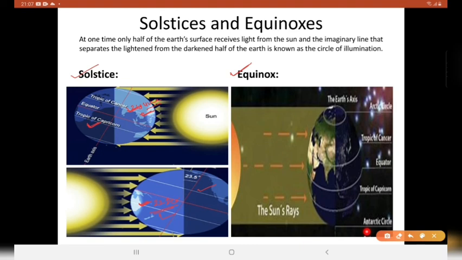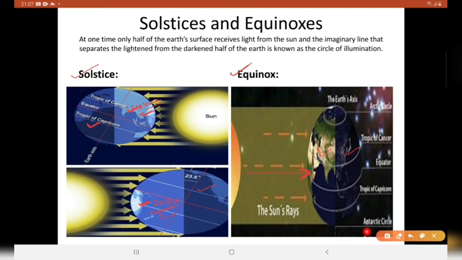On these days, the sun appears vertically overhead at noon at the equator. You can see the sun shines vertically on the equator. So, it cuts all the parallels equally into two halves, first half and second half. So, there is equal day and night.